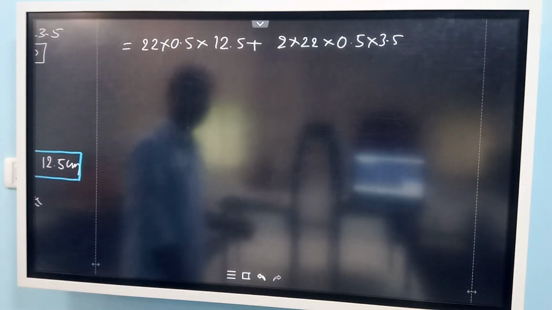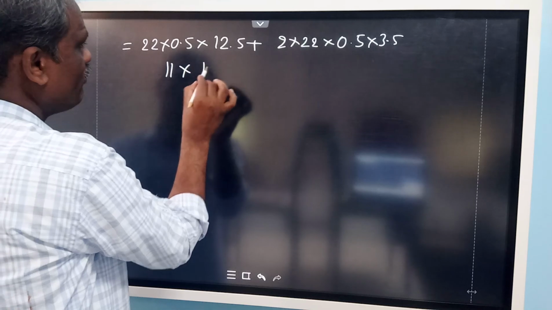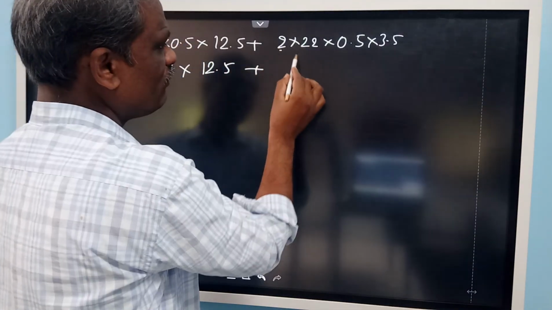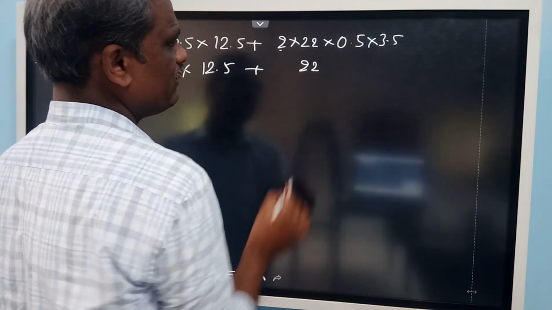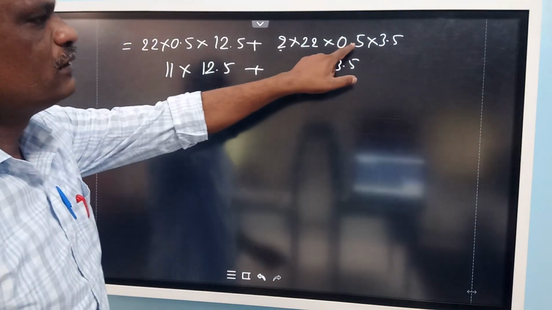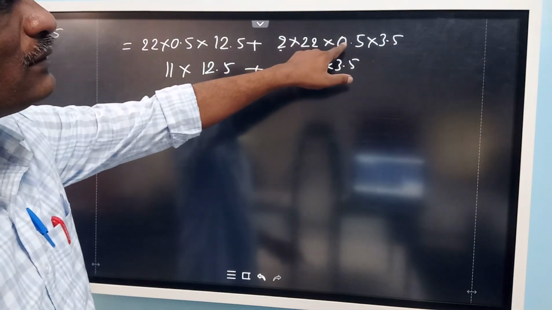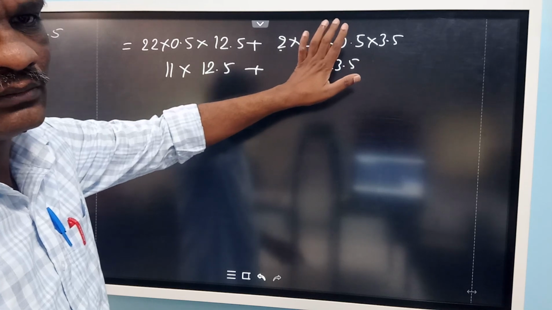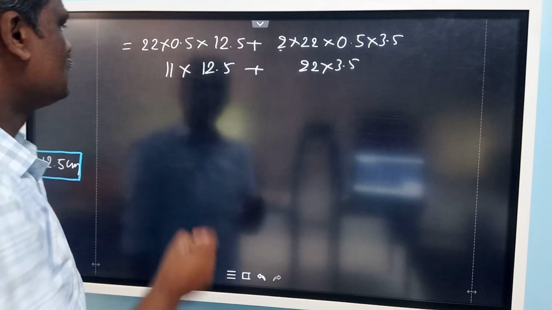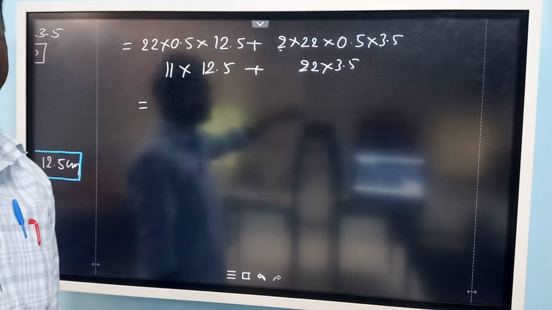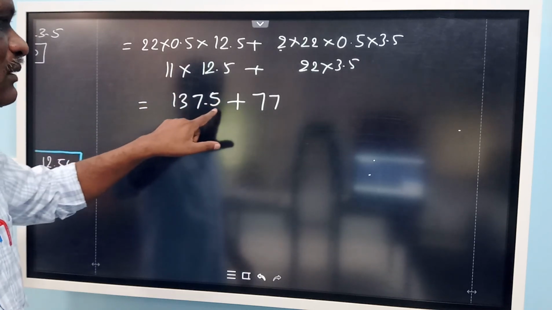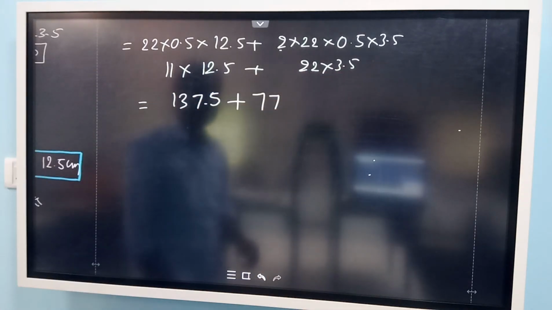0.5 of 22 is 11, so 11 into 12.5. For the second term, 2 into 0.5 means half of 2 cancels, so you get only 22 into 3.5. If you multiply, 11 into 12.5 is 137.5, and 22 into 3.5 is 77.